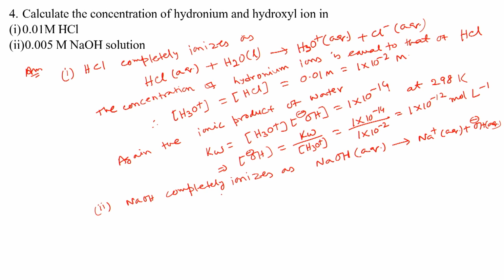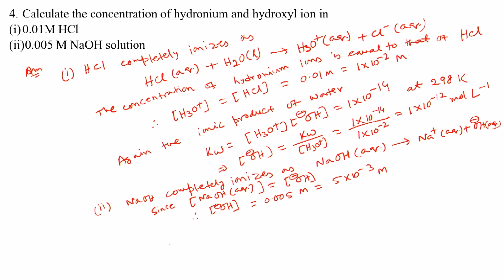Right. Therefore, since concentration of NaOH aqueous is equal to concentration of OH minus aqueous, therefore, concentration of OH minus will be 0.005 molar, or you can write 5 times 10 to the minus 3 molar. So, this is the concentration of OH minus for NaOH.